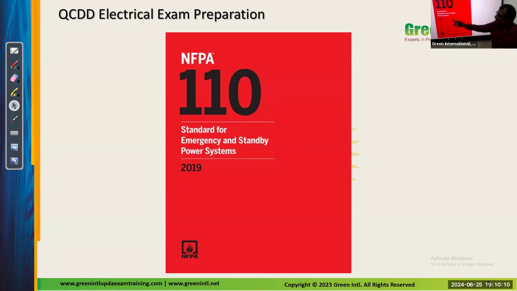So the standard for emergency and standby power systems is simply what we call the generator. In our BOQ, we have the word generator. Sometimes in our BOQ, we hear the word prime generator or standby generator.